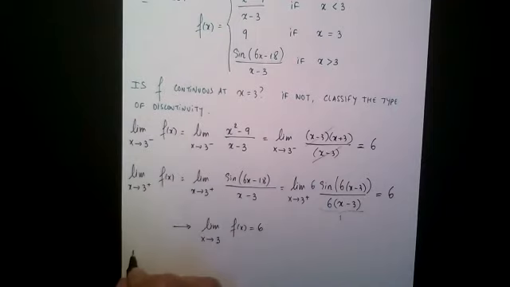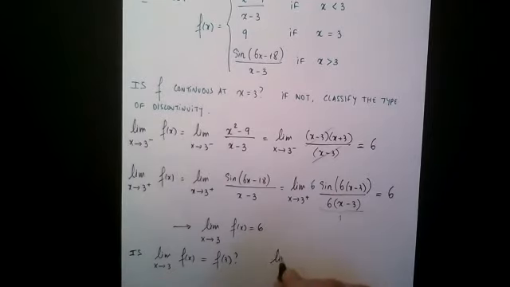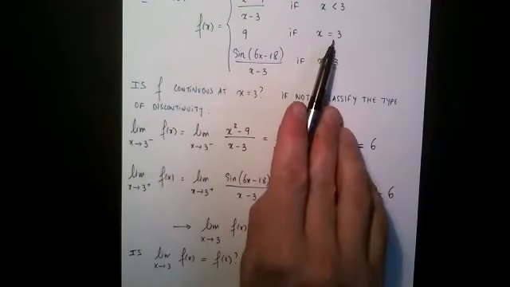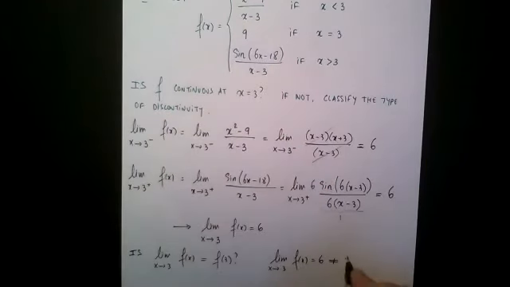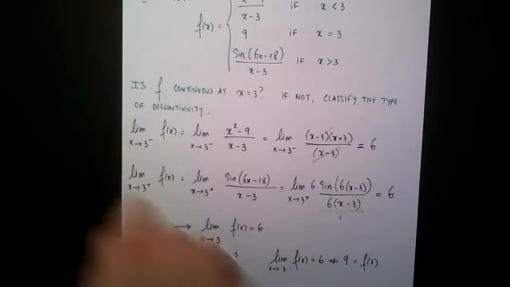So I ask myself, is the limit as x approaches 3 of f of x, which is 6, equal to f of 3? It seems not, because the limit is 6, which is not equal to f of 3, which is 9. You get it?